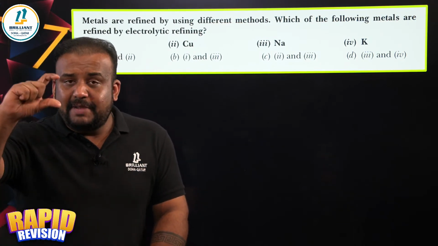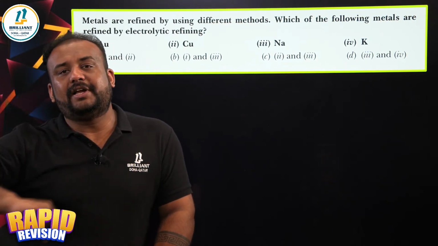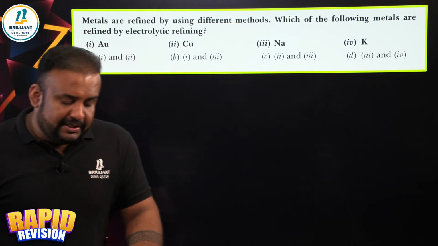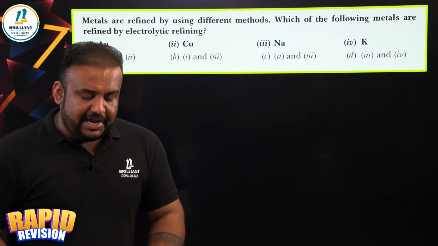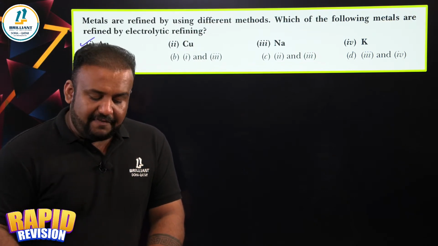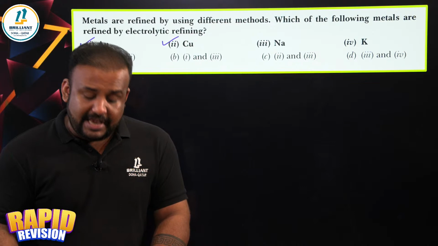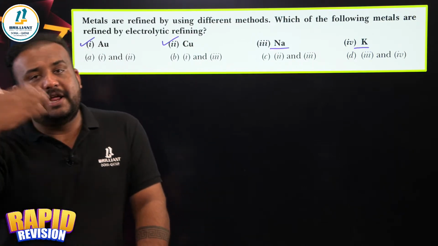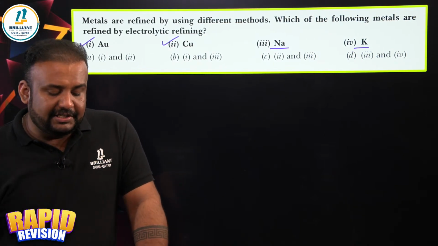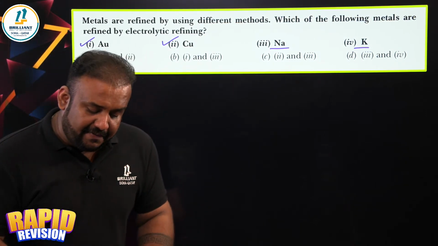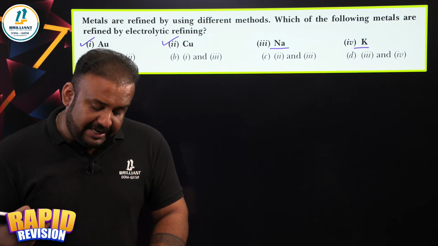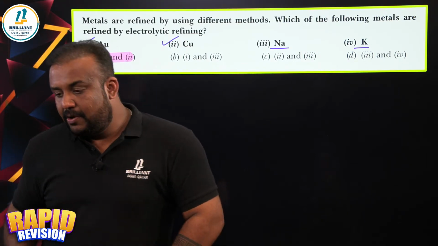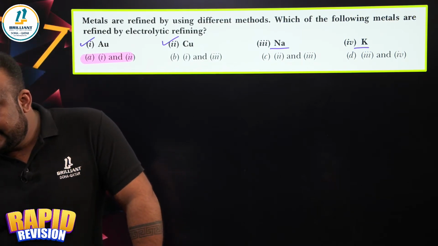And such metals that you obtain after electrolytic reduction will be in pure state only, so you don't need further refinement. So look at the options here. Gold, yes, we can refine by electrolytic refining. Copper, yes, but sodium and potassium are highly reactive metals, so they are directly obtained by electrolytic reduction methods, so no need to have any refining for them. So the correct option will be gold and copper. Is that clear?